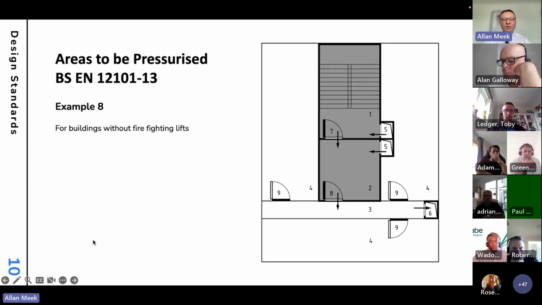So the areas to be pressurized, the national annex recommends that there are 3 examples out of about 14, I think, that should be used in the UK. So essentially, these are the 3 conditions that you're likely to come up against. So we have example 8, which is for buildings without firefighting lifts. And for this one, we're pressurizing the staircase, pressurizing the lobby, and we're having air relief within the corridor.